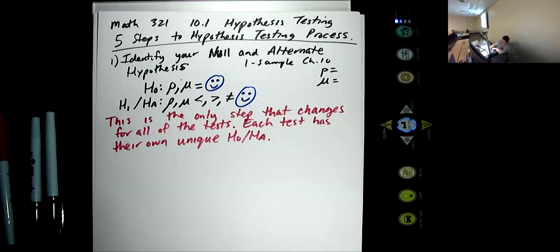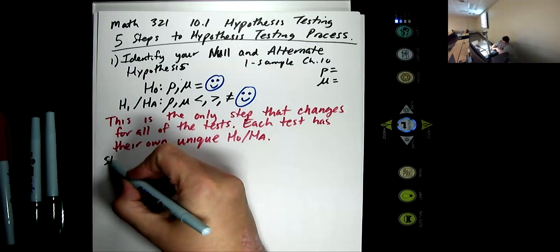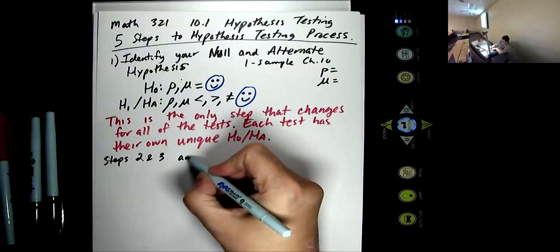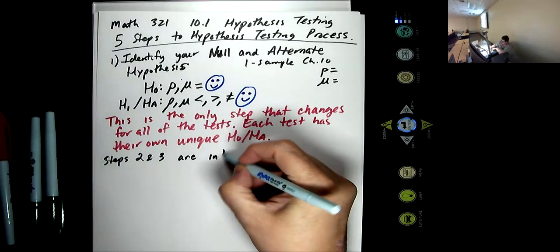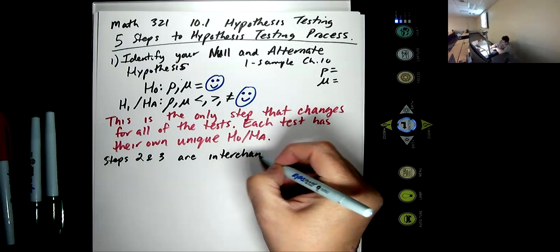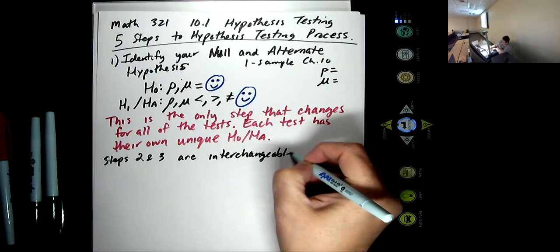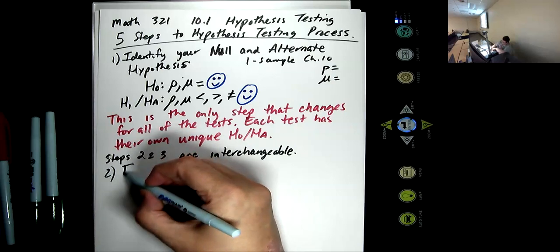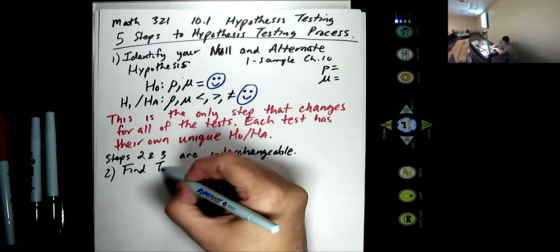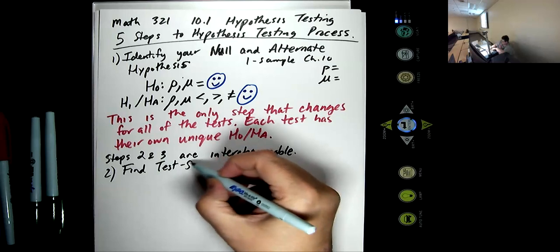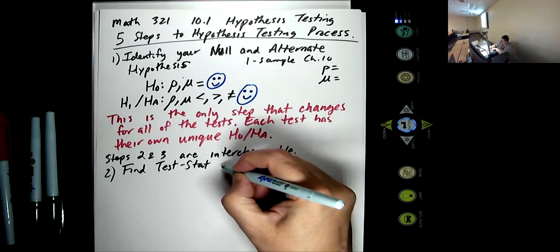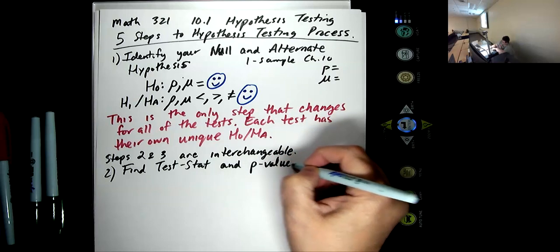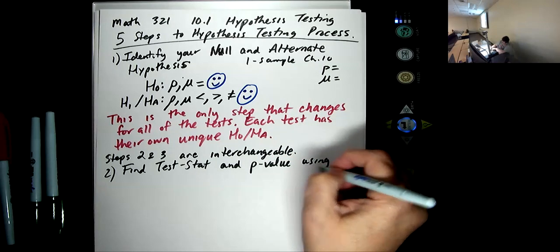Steps 2 and 3 are interchangeable. One of them is find the test statistic and p-value, using StatCrunch.